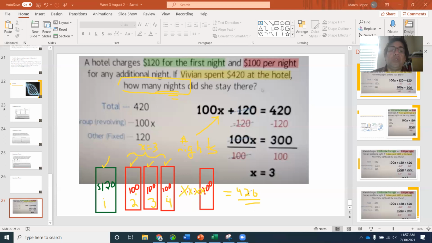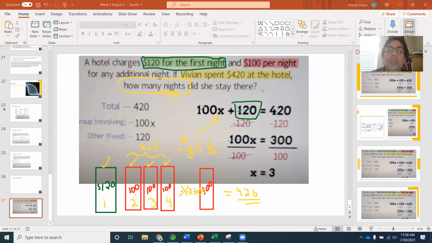The second approach is to write out the equation. So if you understood that 100 times X, $100 for every night, plus the initial fee of 120, which is right here. Let me do some color coding. So if the first night was $120 right here, that's night number 1.